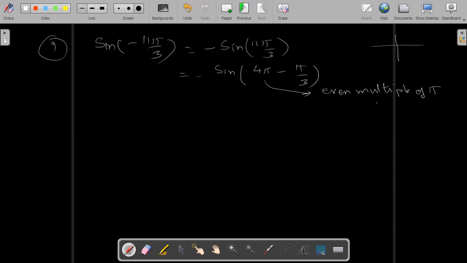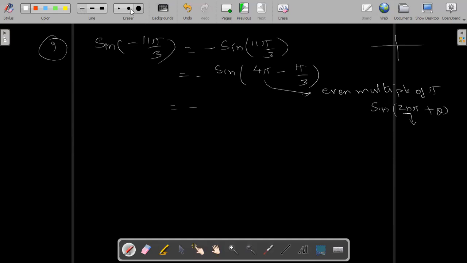Then only can we use the formula 2n pi. The formula is 2n pi because n we are writing in between. That means n equal to 1, 2, 3, 4, whatever you put, this will multiply and you get the multiple of pi as an even number.